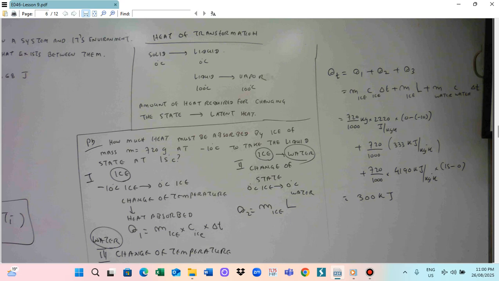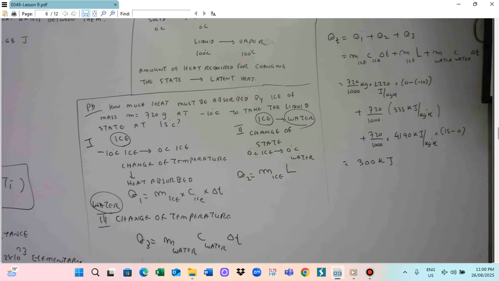At the water state, the change of the temperature will also happen. So in this way we can calculate Q3, which is equal to M water multiplied by C water into delta T. So three things we have to add: Q1 plus Q2 plus Q3. So the Q total can be calculated as Q1 plus Q2 plus Q3.